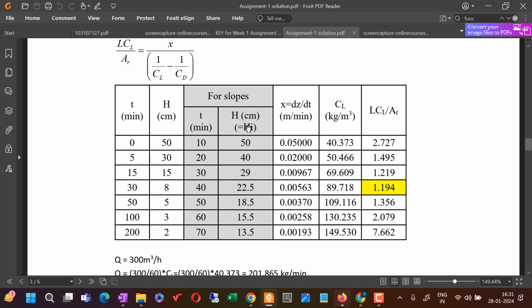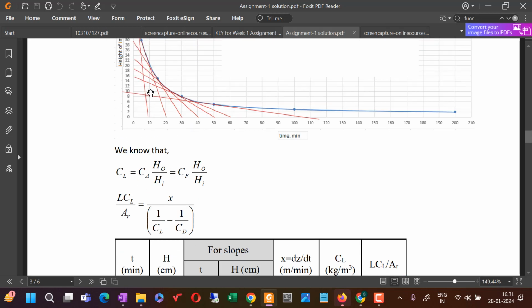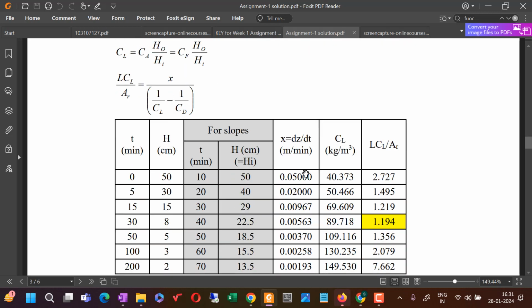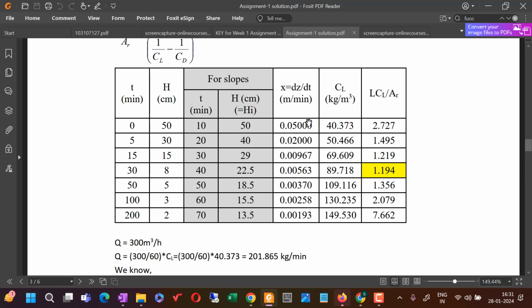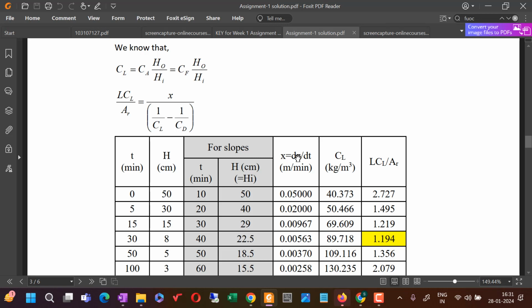From the slope, this slope dz by dt, that is dh by dt, has been calculated at different points. So when you have dh by dt, you have x, and CL could be calculated based on that.